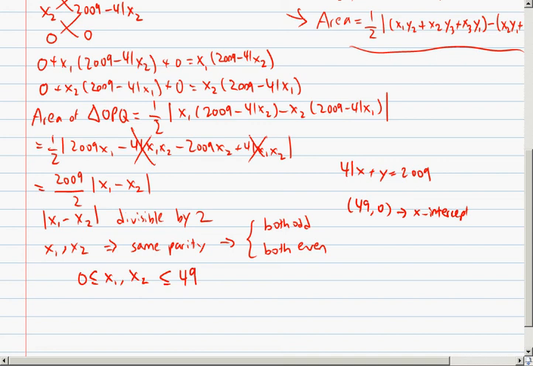And since P and Q's coordinates can be permuted, we have the total number of distinct triangles as 25 times 24, which is equal to 600 triangles total.